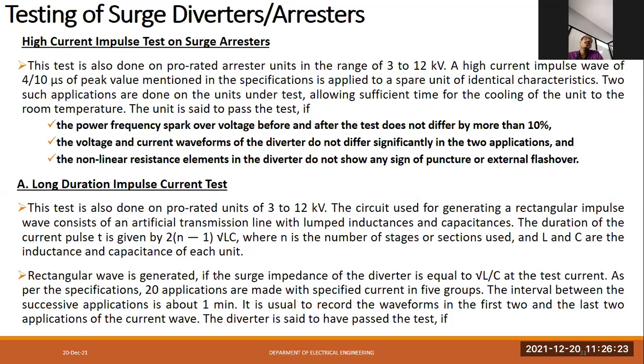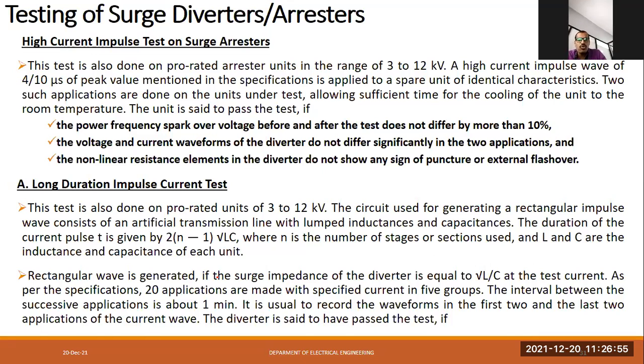So friends, whenever we carry out this test on a prorated arrestor unit, around 3 to 12 kilovolt, the high current impulse wave of around 4 by 10 microseconds peak value will be applied, as mentioned per the standard specifications.